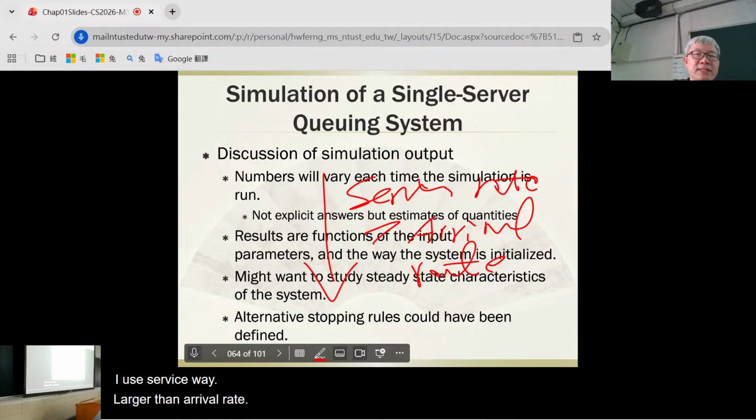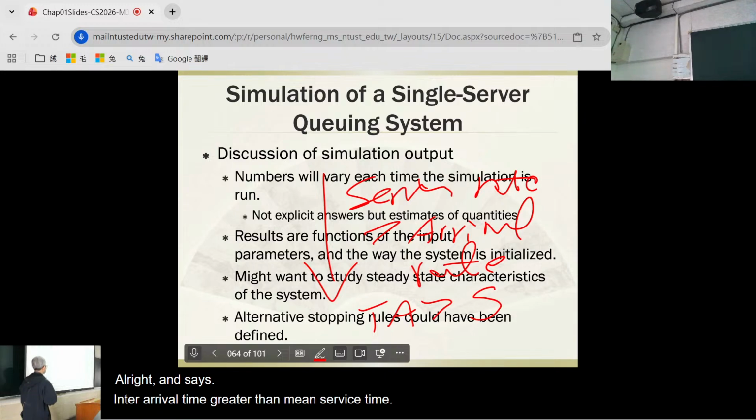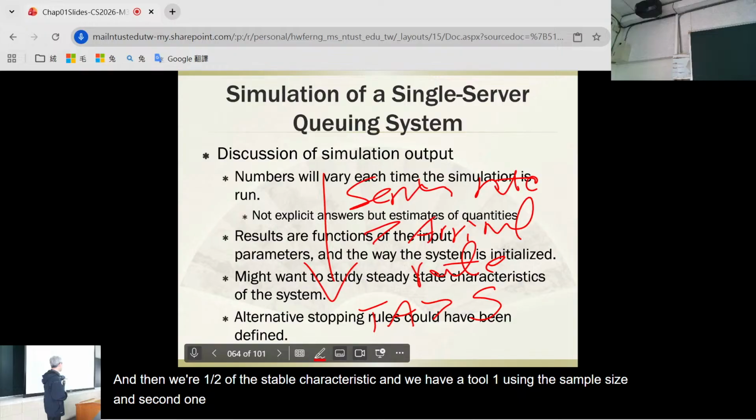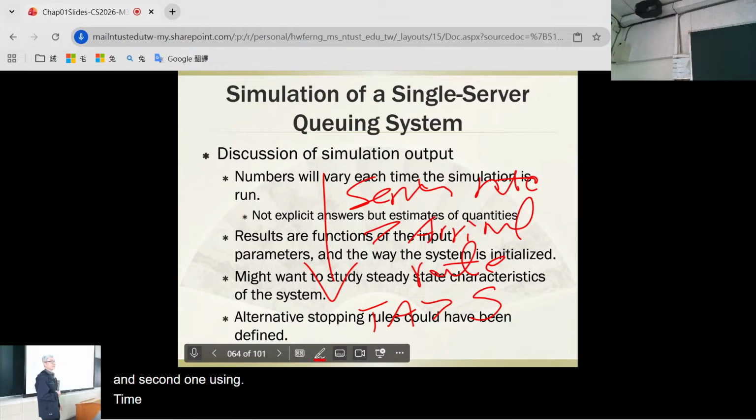Alright, and that says inter-arrival time greater than mean service time. And then we will have the stable characteristic. And we have two. One using the sample size, and the second one using time to start the simulation. And that's all. So currently we have two versions.